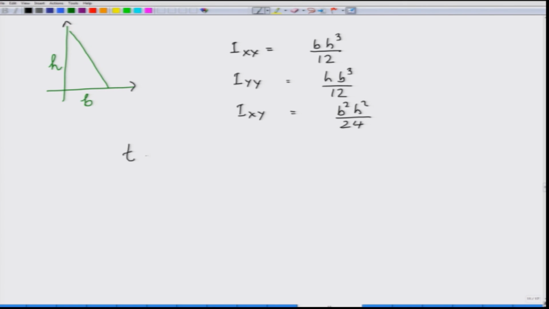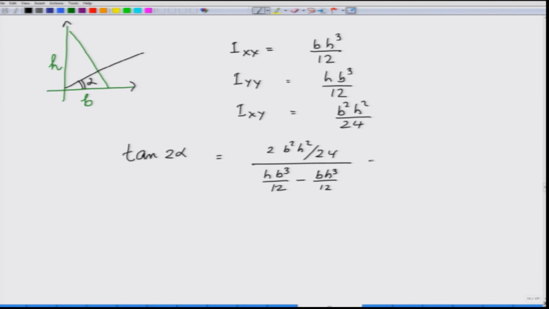If I were to find the principal axes, I would do a rotation by an angle alpha such that tangent of 2 alpha is 2 times b squared h squared over 24 over (I_yy, which is h b cubed over 12, minus I_xx, which is b h cubed over 12). So, this gives me b squared h squared over (h b cubed minus b h cubed), which comes out to be b h over (b squared minus h squared).